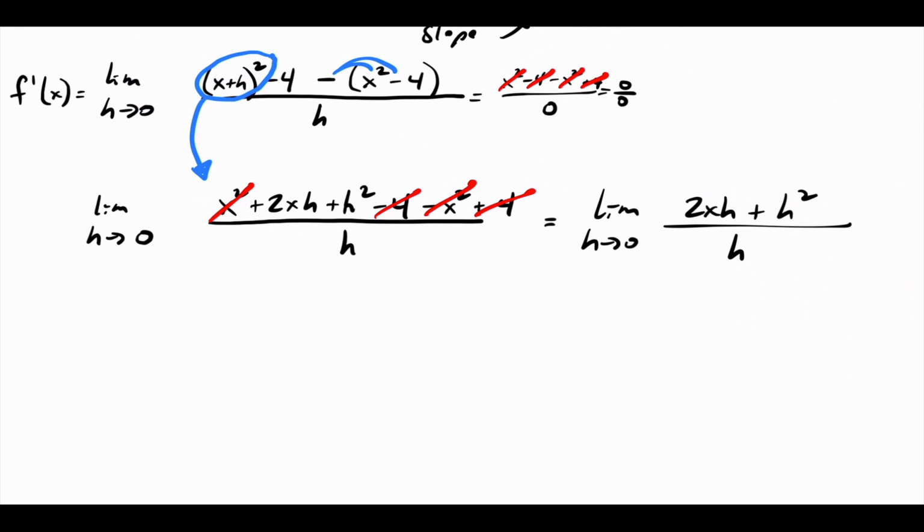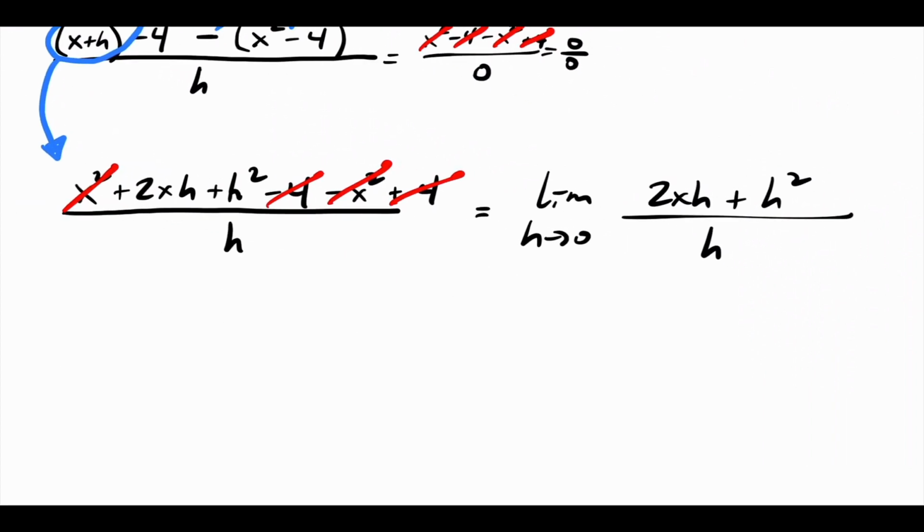If I plug in 0, I'll still get 0 over 0 because I'll have 0 plus 0 squared on top over 0. So what was the thing that we could do yesterday? Factor, yeah. Because they all have h's, so I'm going to factor out an h. h times 2x plus h over h.